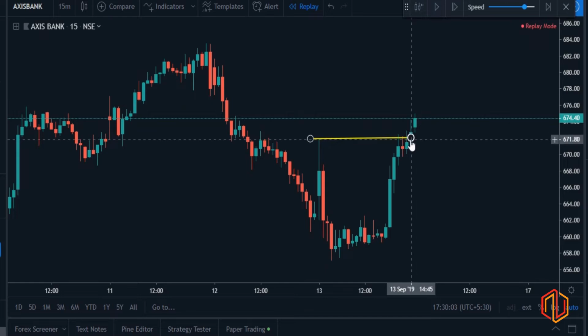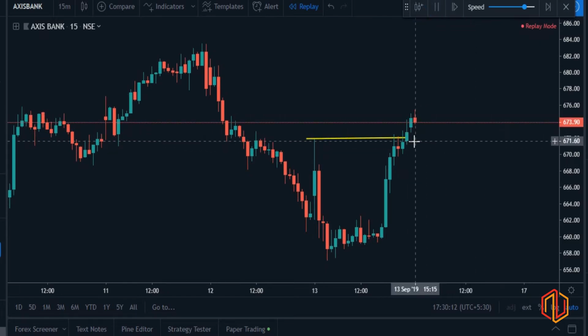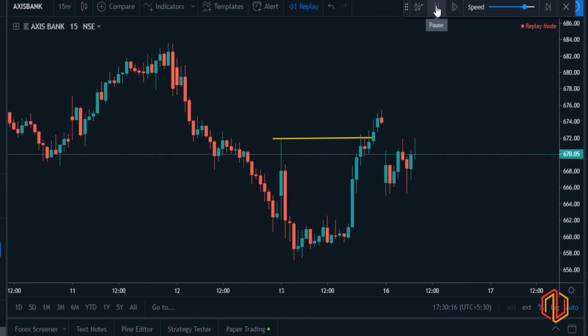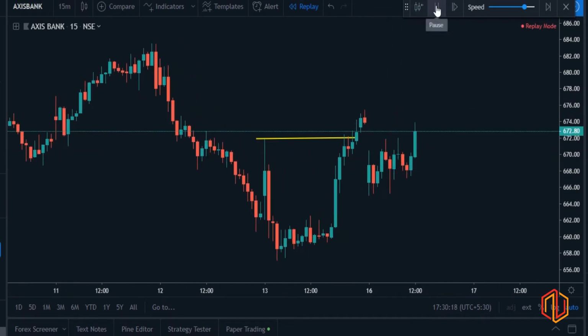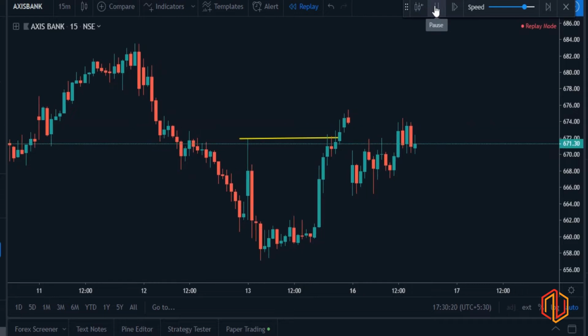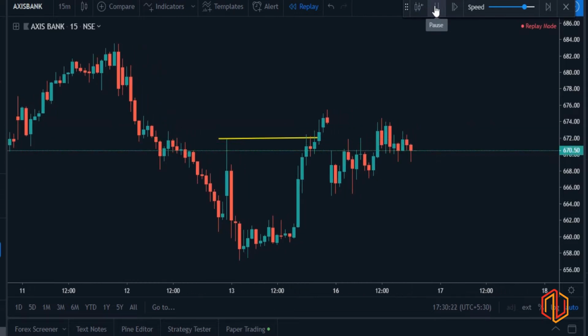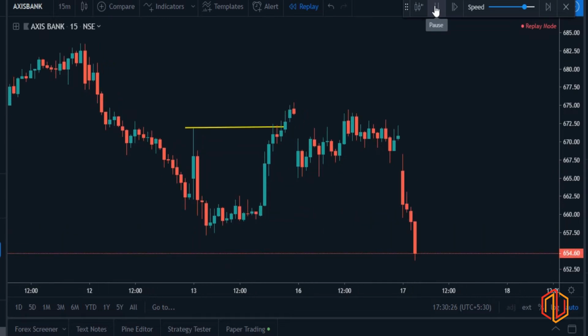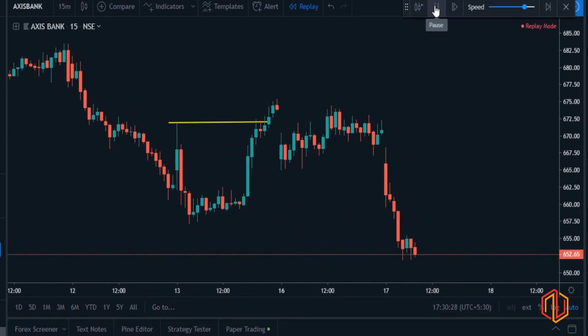So if you see here, the candlestick which has broken out is actually a wick dominating candlestick, which means the size of the wick is much bigger compared to the size of the candlestick if you combine the complete wick size. So it's not a very strong breakout, right? So price is struggling at the same level for a bit before, although there was a gap down, but eventually price starts to fall.